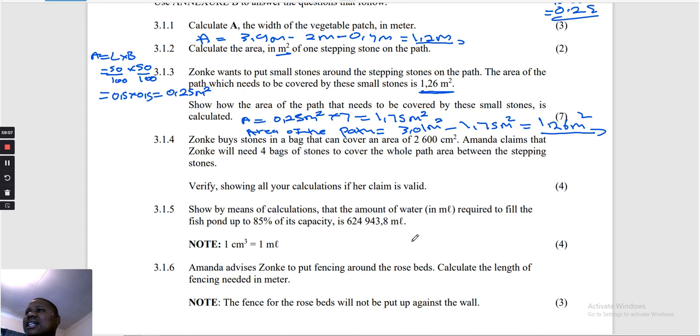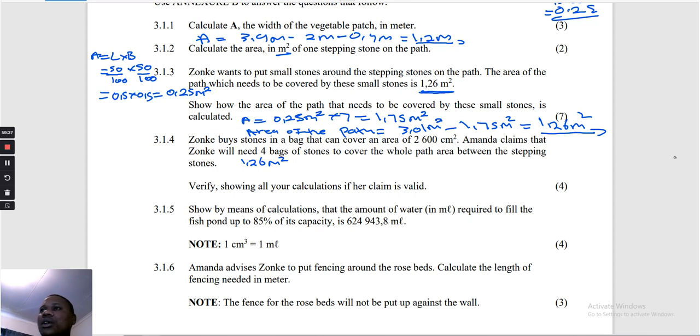Amanda claims that Zonke will need 4 bags of stones to cover the whole path area between the stepping stones. Remember, the area between the stepping stones where they will put small stones is 1,26 meter squared. But then one bag can cover an area of 2,600 centimeters squared.